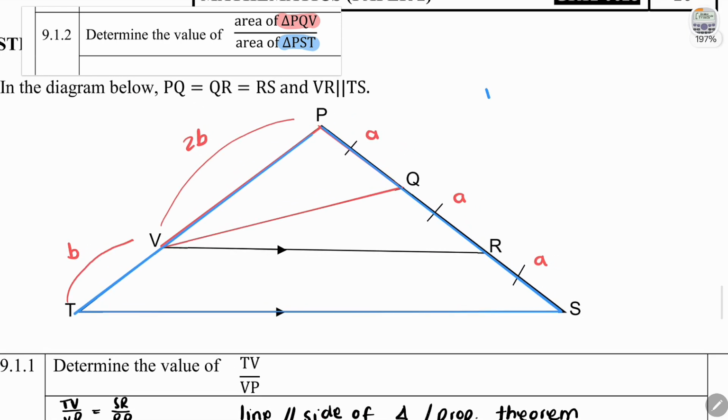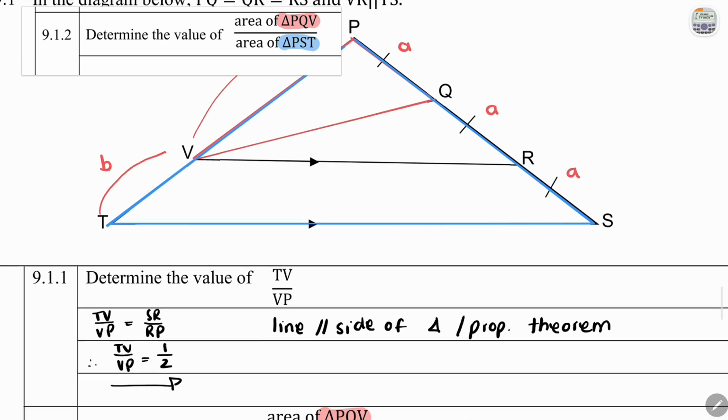We definitely cannot use a half times the base times the height because we don't have a perpendicular height in both triangles. However, we can use the area rule. With the area rule, you have one single angle, and it works if both triangles have that common angle. In this case, that is angle P.